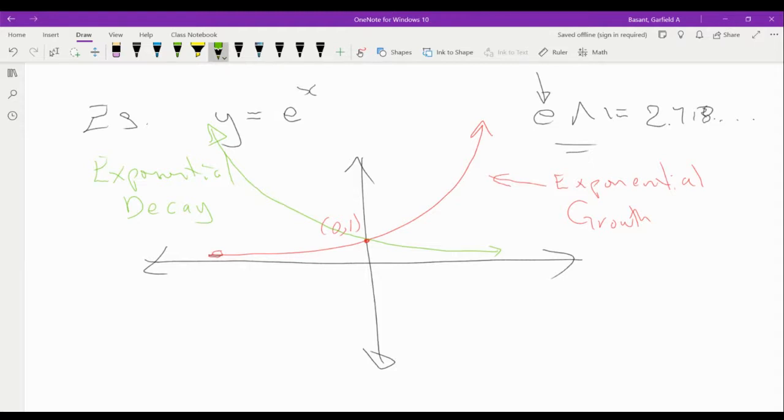And the formula for the exponential decay is a little different. Do you remember? How does the formula change for exponential decay? It becomes e to the negative x, because then it flips it around the y-axis. So a negative up there in front of the exponent flips the graph around the y-axis.